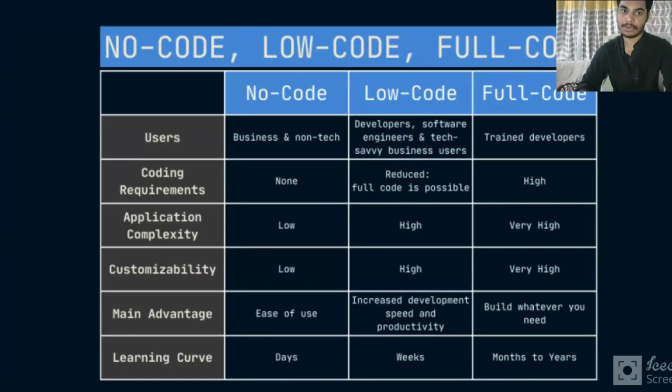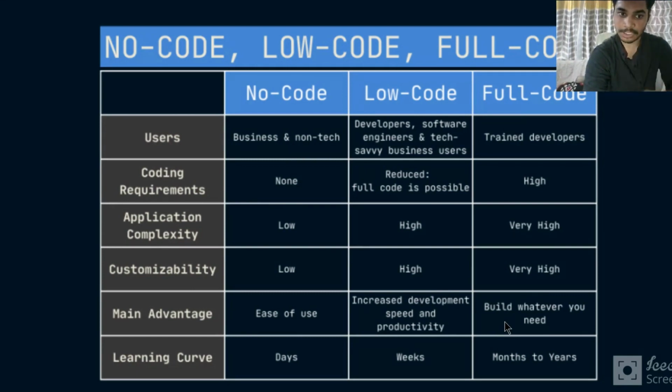So in this video I just told you what is no code and low code. Full code means trained developers, the coding requirement will be high, application complexity will be very high, and customizability will be very high. The main advantage is you can build whatever you need.